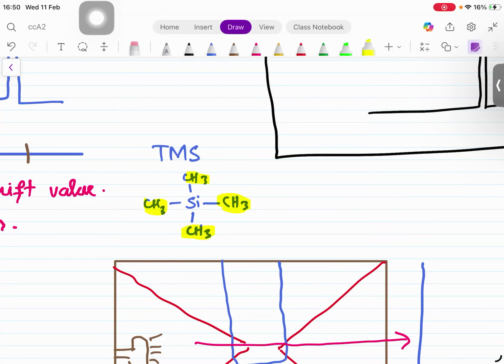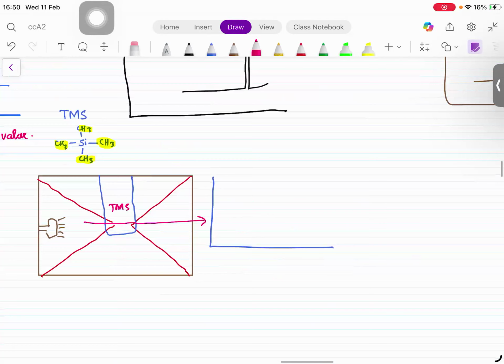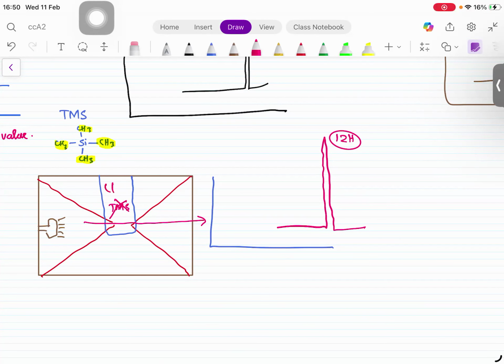So first we passed the radio waves on putting TMS here. And then when the radio waves come out in the NMR spectrum, they give a huge peak. Why is it a big peak? How many hydrogens are contributing towards that peak? 12 hydrogens. Then in the follow-up, we placed methane. And then methane's 4 hydrogens give a peak here.